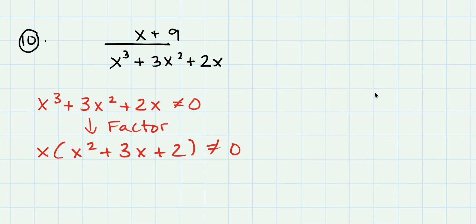The way I factor this is I make an x here, and I say, okay, I need two numbers that multiply to give me 2 and add to give me 3. It doesn't matter which way you put these, but I put the 2 at the top and the 3 at the bottom.